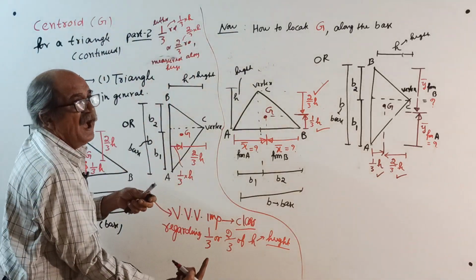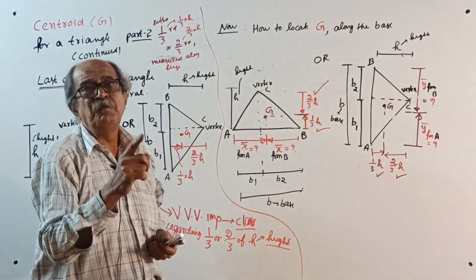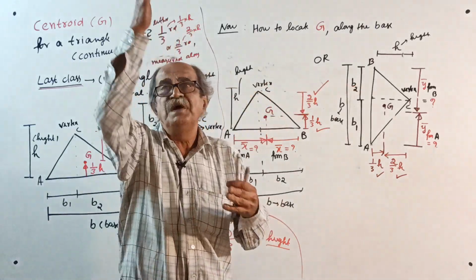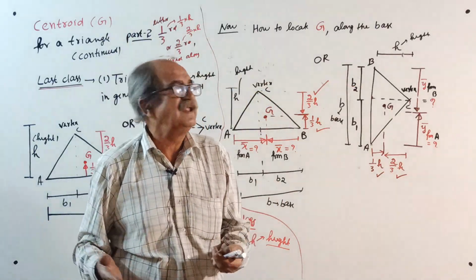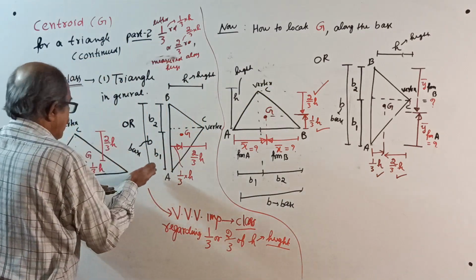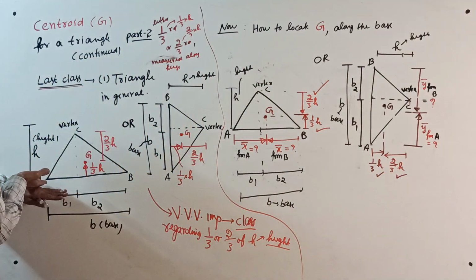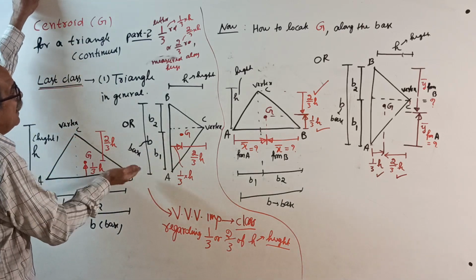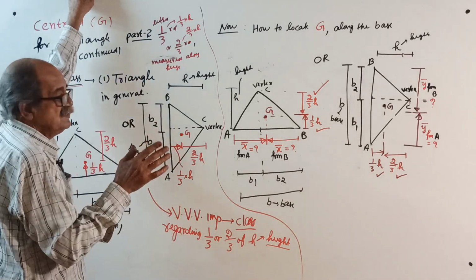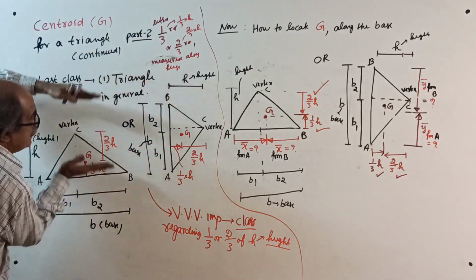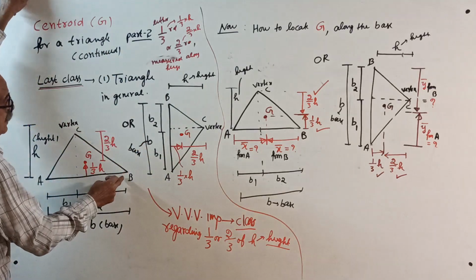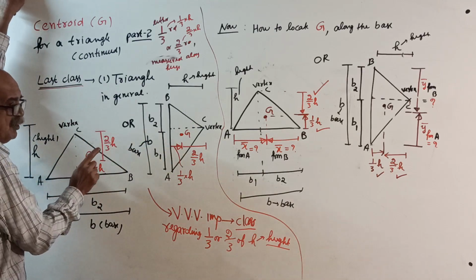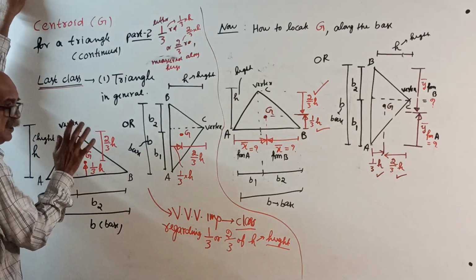Measured along the height means measured from the base. If you measure along the height, you are measuring either from the base or from the vertex. Some will ask, sir, why you put the centroid on that side? Okay, I know that.